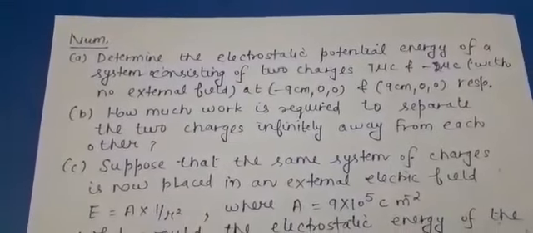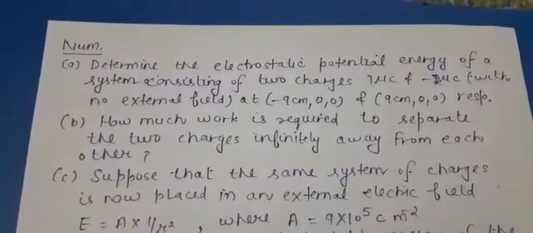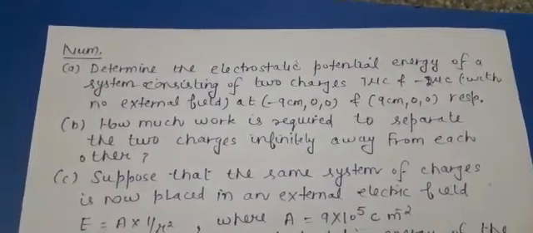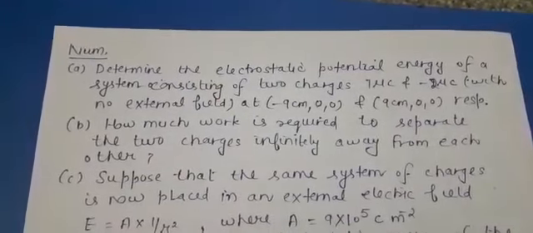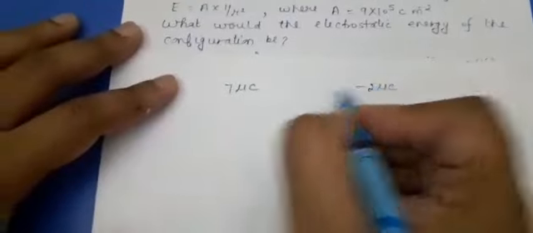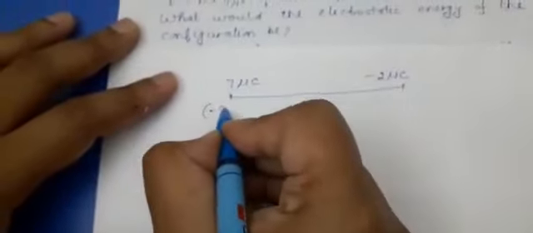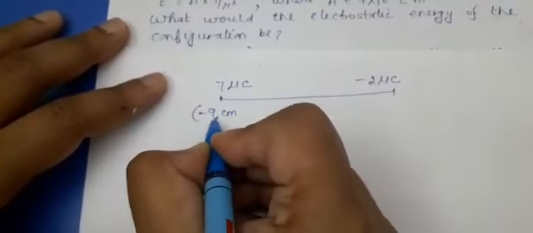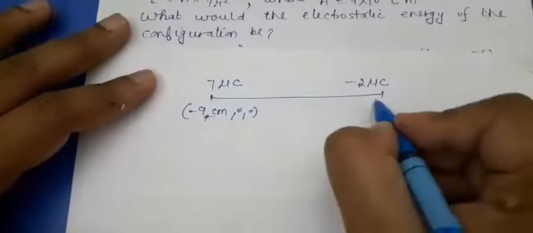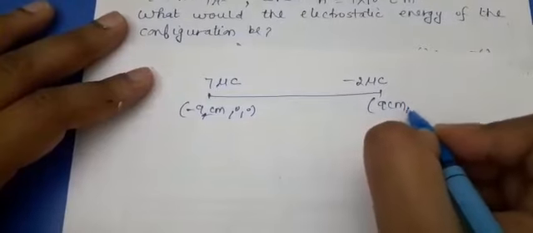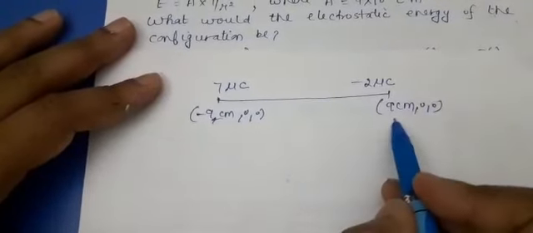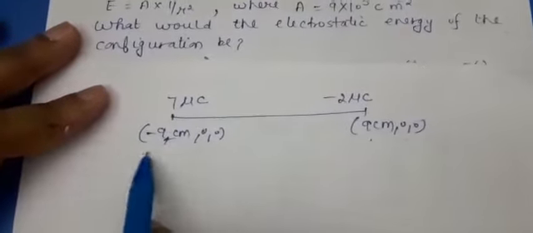See here, you have to find the electrostatic potential energy between the two charges of 7 microcoulomb and -2 microcoulomb. These are situated at points. Where are the points? -9 centimeter 0 coordinate means, see what you understand by this. The x coordinate exists, the y and z coordinates are not existing.